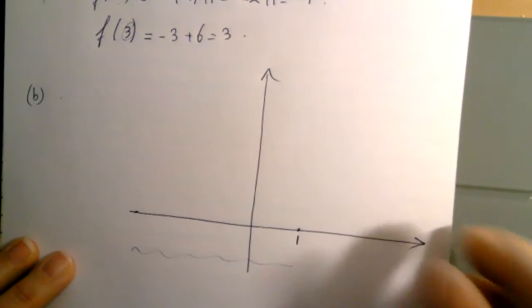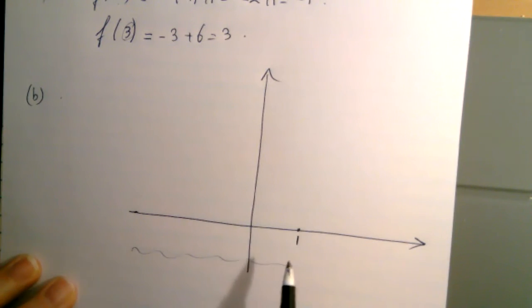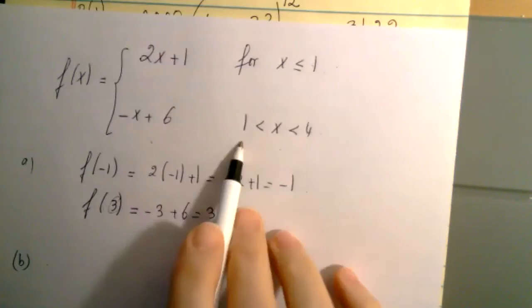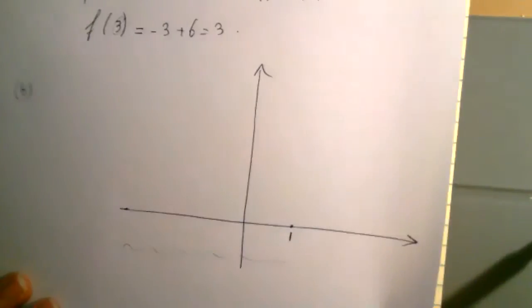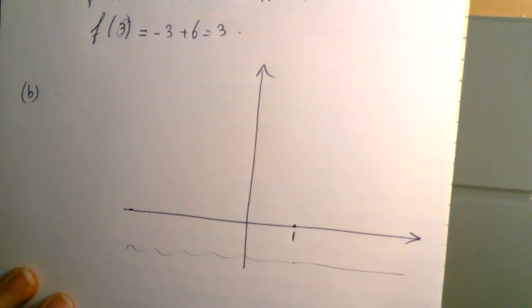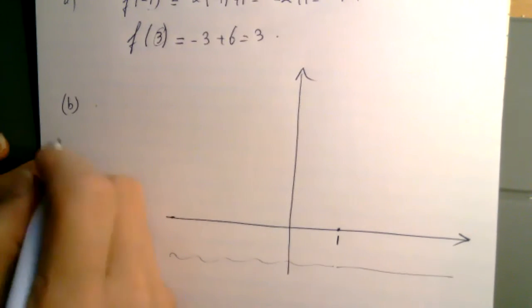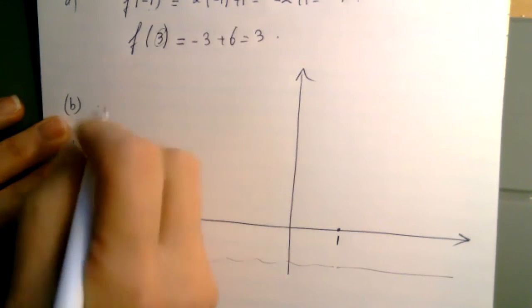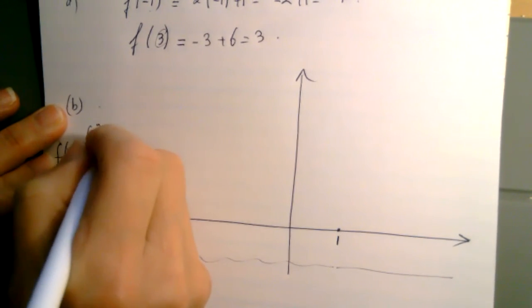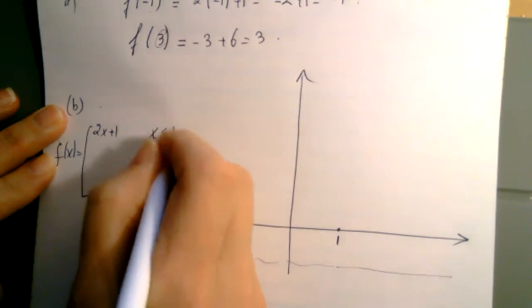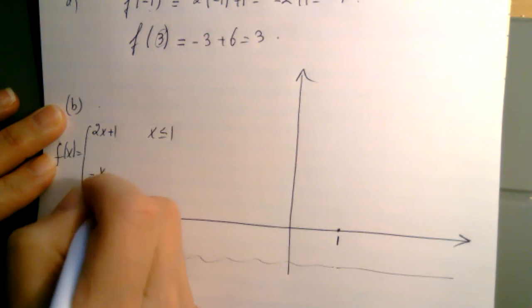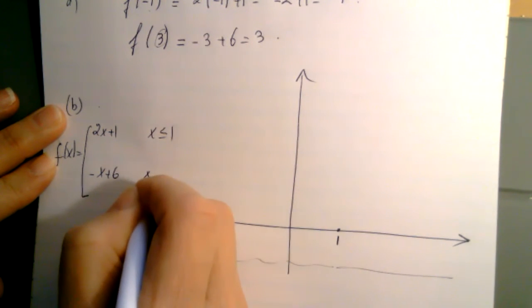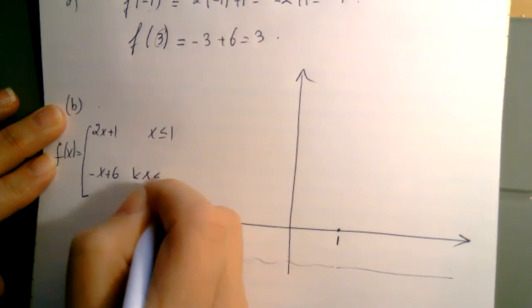And between 1 and 4, I have a totally different graph. So I'm going to rewrite the function in front of us so we can see the whole thing. So it's 2x plus 1, and minus x plus 6 for x between 1 and 4.